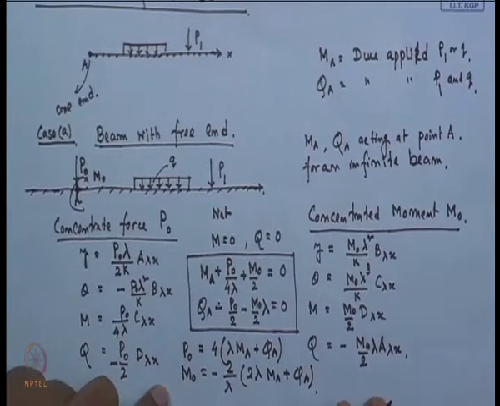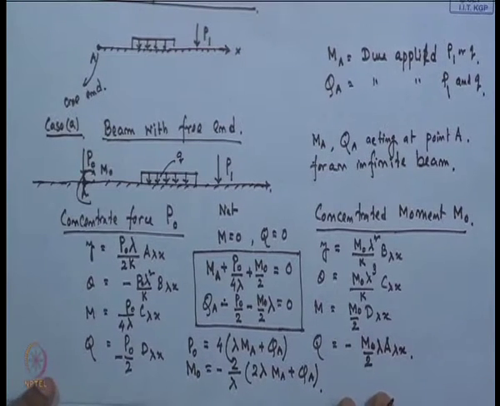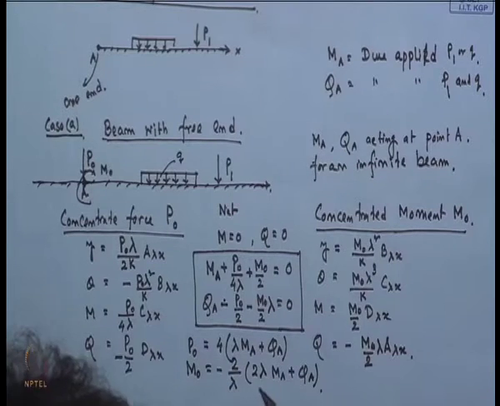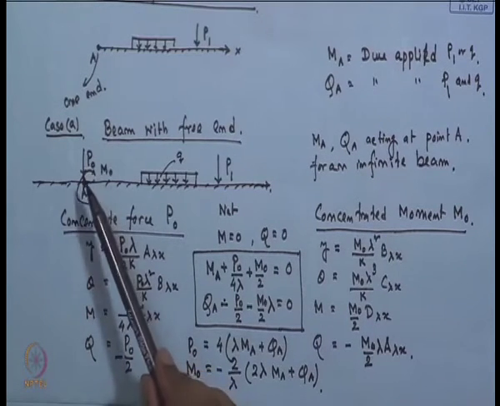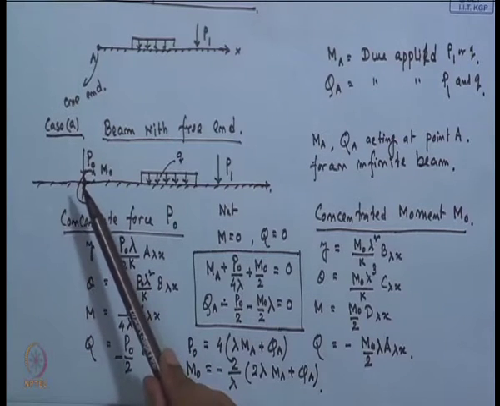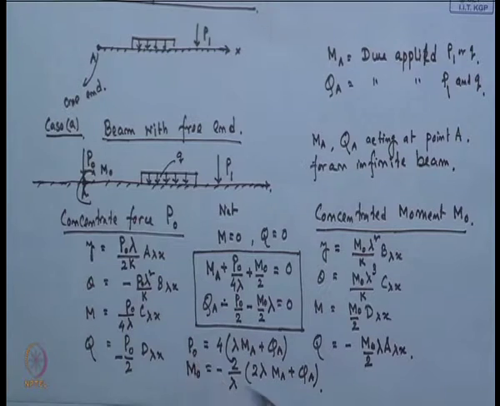So, these two expressions we get for these two conditions. So, the net moment at point A will be 0 if we apply this P 0 and M 0.